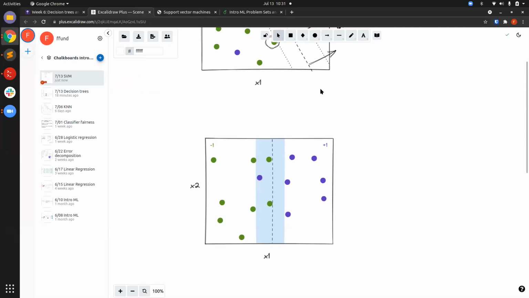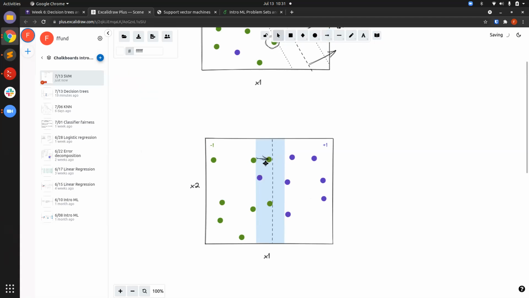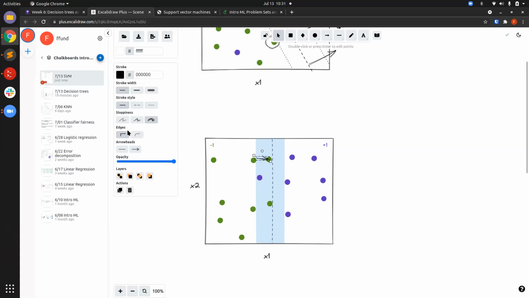Let's say I have a point that's over the margin, but not over the hyperplane. Okay, so this point, for example.